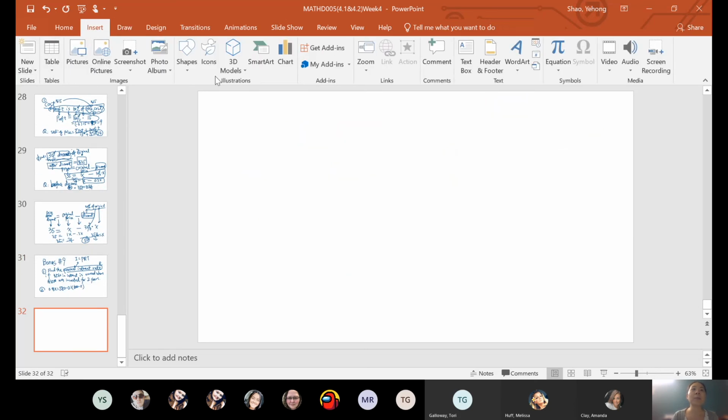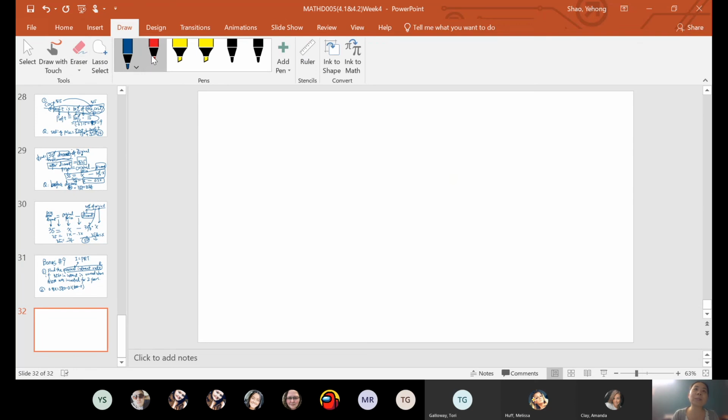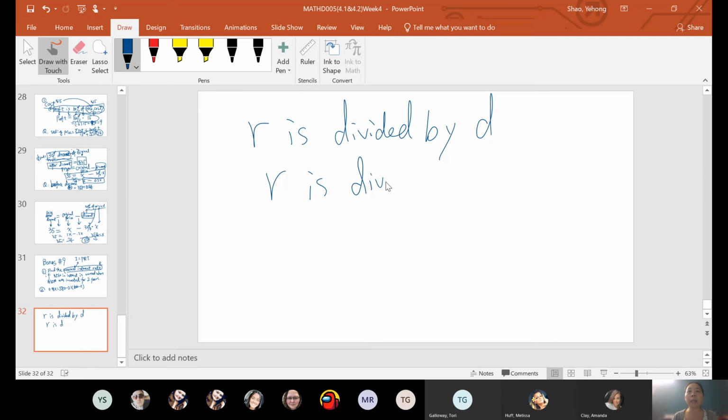So these are two different things. I guess it's sort of like memorizing it, but there's a way. For example, R is divided by D, or R is divided into D. So the difference is by and into.